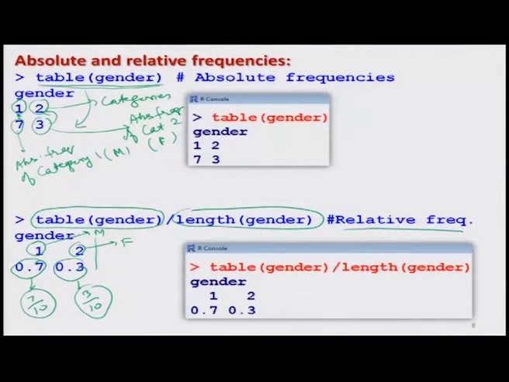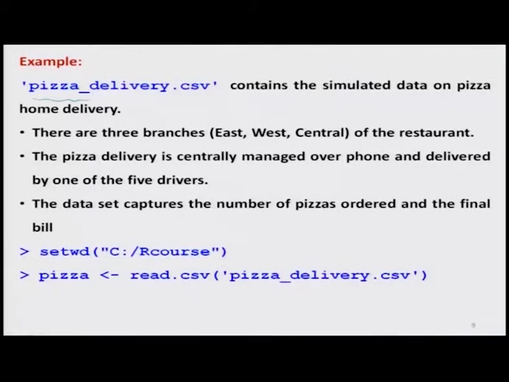So, now we come back to our slides, and here you can see that these are the screenshots of the same outcome. Now, before going further to consider more examples, first let me explain the following. We are going to consider here a data set which is named pizza_delivery.csv, and this contains a sort of simulated data set on pizza delivery at home.